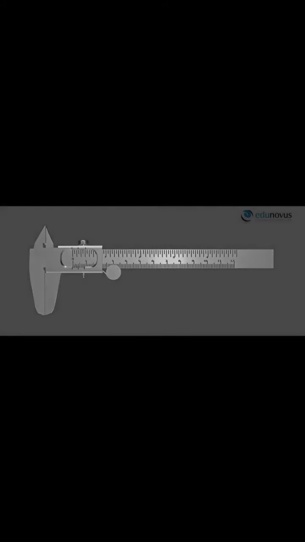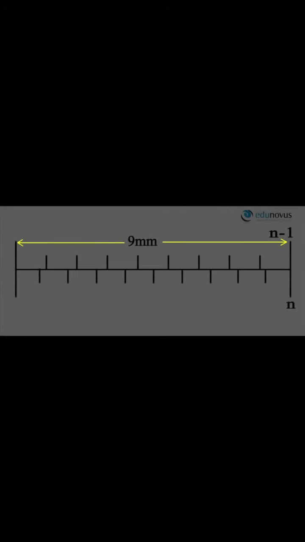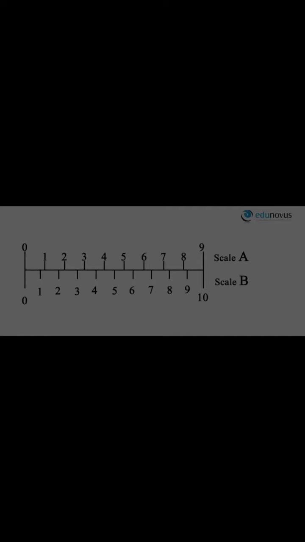According to the principle, a given length x is divided into n-1 and n smaller divisions, each division of different lengths, which are represented by two scales as shown. Let us say the distance of 9 mm is divided into 9 divisions on one side and 10 divisions on the other side.